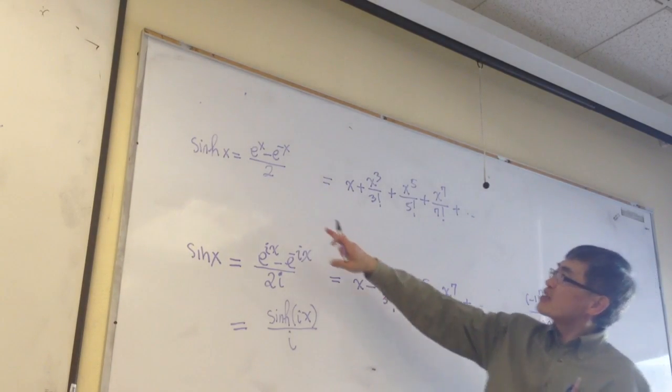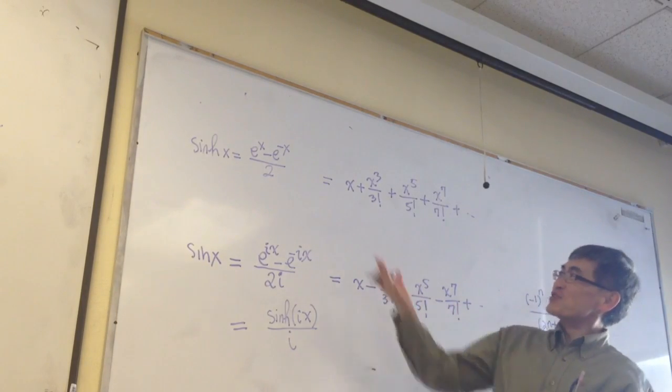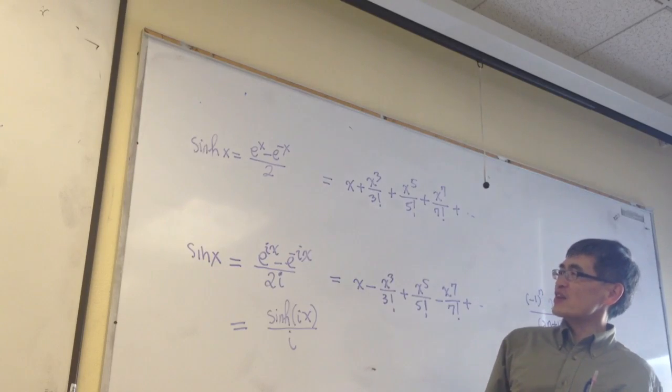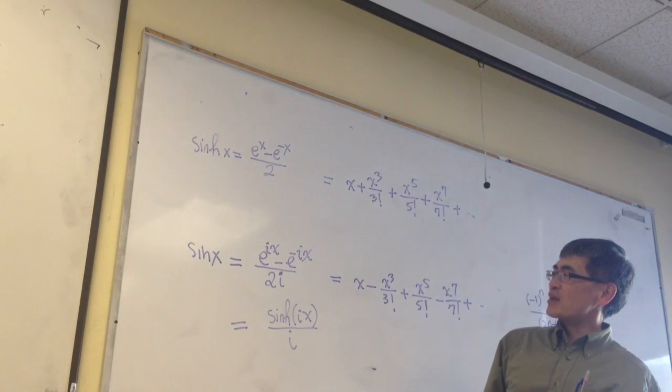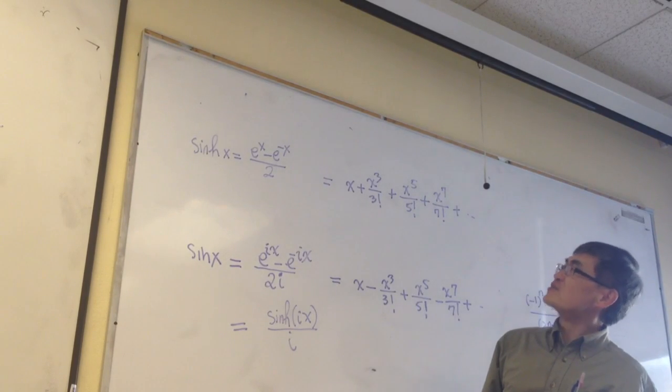If you take this one, or you can do it the other way. You can do it the other way. This one, you can think of it as sine of x over I times I think.